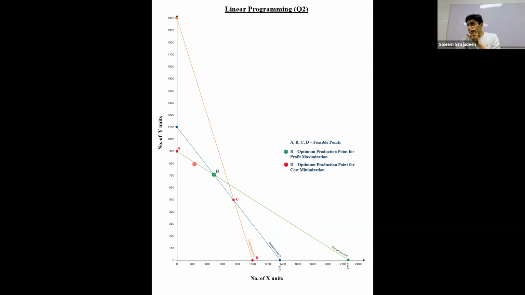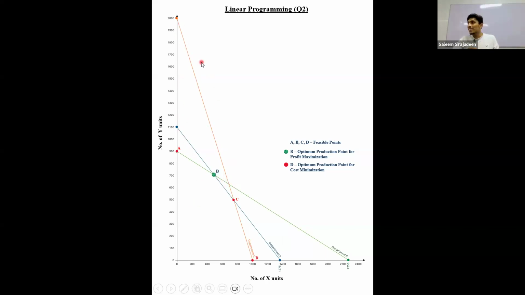The resources which are limited at the optimum production point are called binding constraints. Department C is not related; you have excess amount, so we call it a non-binding constraint.